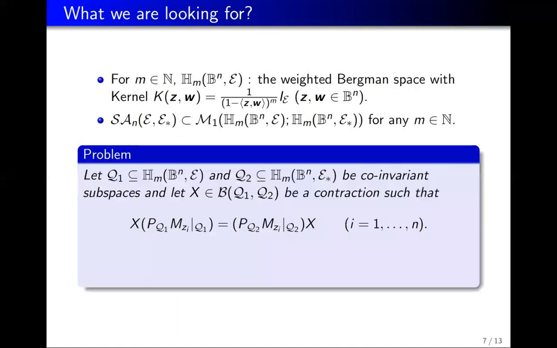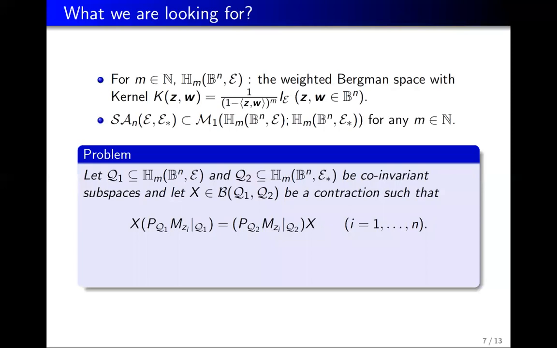So now the problem which we are looking at is the following. You take two different co-invariant subspaces Q1 and Q2. One is from the E-valued weighted Bergman space, another one is a subspace of the E star valued weighted Bergman space.